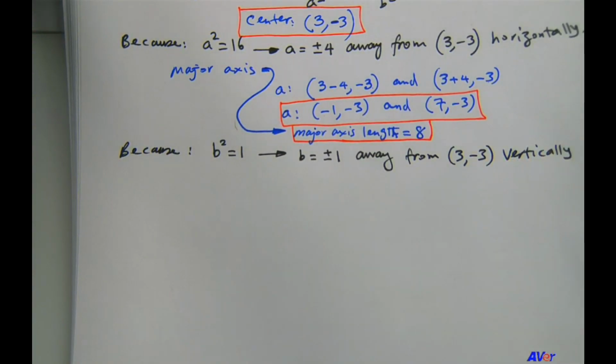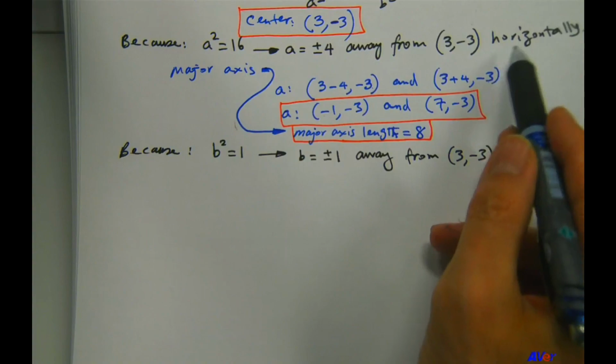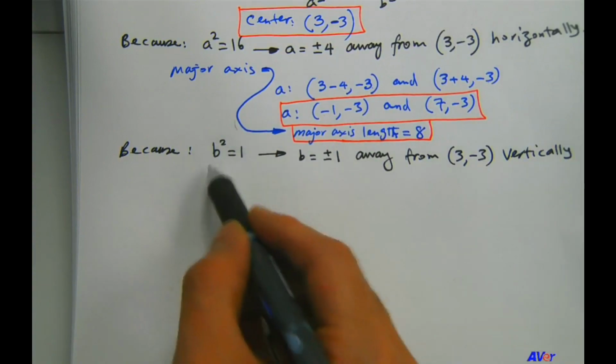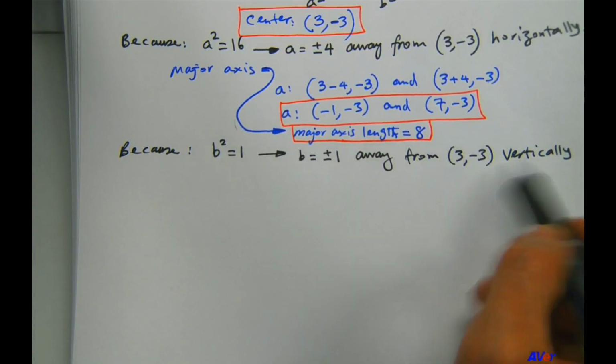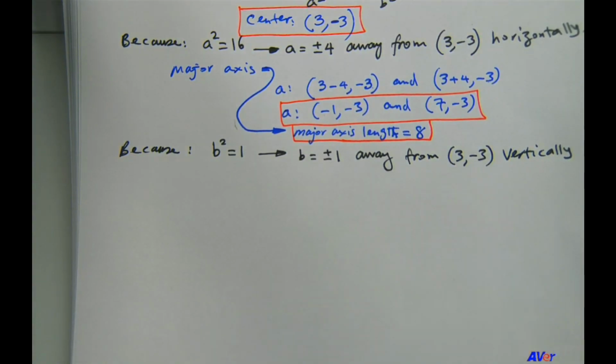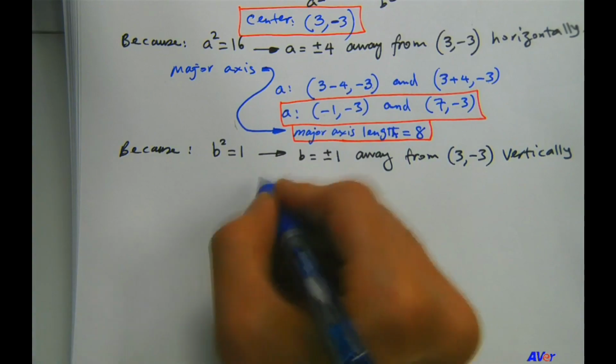Right? Minor and major axis should be along different axes. So we know that the major axis was horizontal. So the minor axis, which is associated with this quantity, B, should be along the vertical axis. So plus or minus 1 away from this point. So let's find that out.